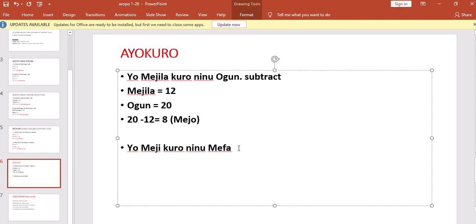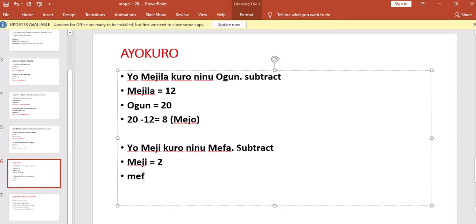Now, the last question says, yọ méjì kúrò nínú mẹ́fà. Kí ni ìtumọ̀ yọ? That is subtract. Kí ni méjì? Ẹ jẹ́ ká gbìyànjú ká translate ká túmọ̀ question wa. Méjì is 2.